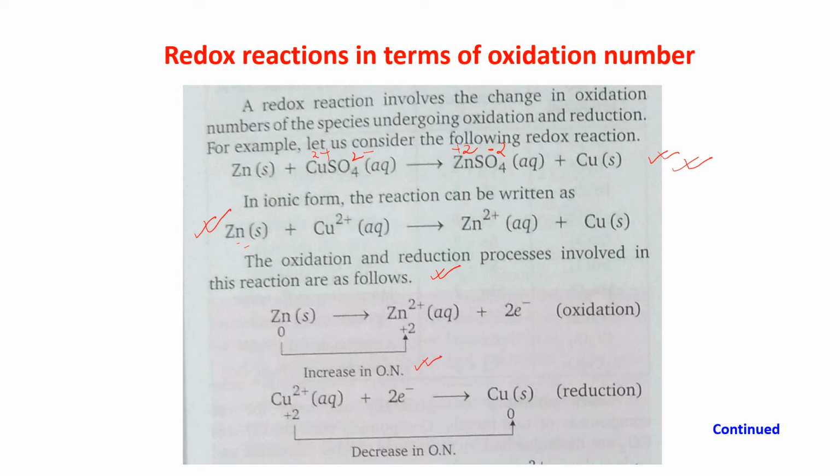So this is oxidation. And this is Cu2 plus, from here it is going to Cu. Cu2 plus is plus 2 and Cu is 0. So it goes from plus 2 to 0. That means a decrease in oxidation number, which is reduction.